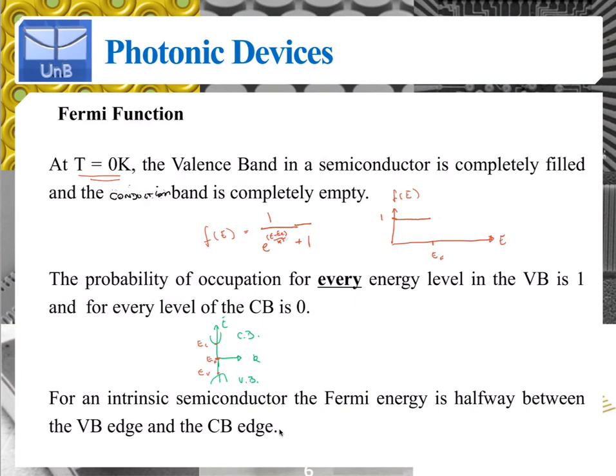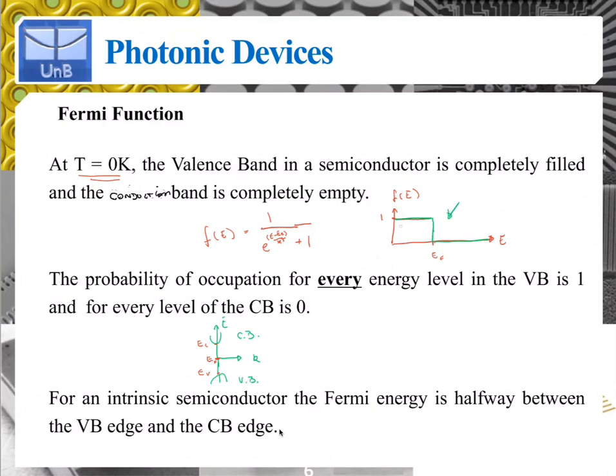As long as it's larger than EF, this will give us infinity. And therefore 1 over infinity is 0. So as we saw, for any energy value smaller than EF, you get 1. For any energy value larger than EF, you get 0. And you get half right here. So you have kind of a step function like so. So this is what happens at 0 K.